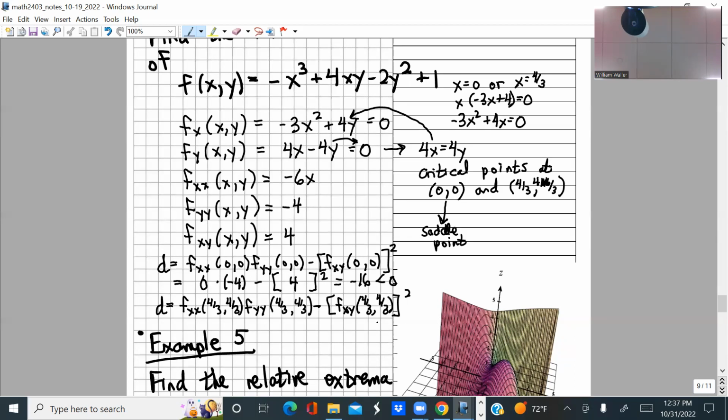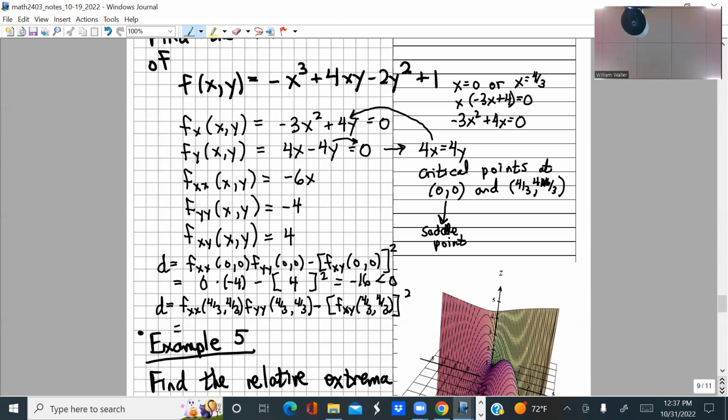Okay, so these two values are easy. This is the one that requires a little work, but not much at all. Just -6 times 4/3, right?